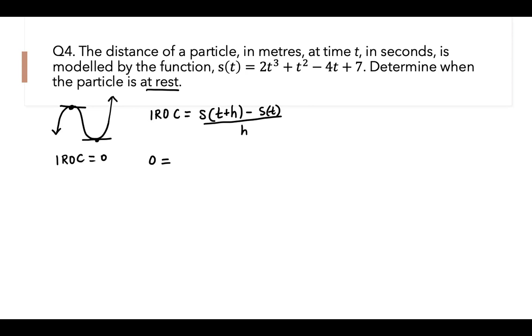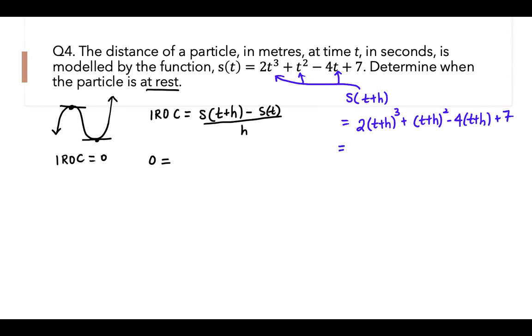So I will be doing the side work. S of T plus H. We're going to plug all of this into my T variable. So it's going to be 2 times (T plus H) cubed plus (T plus H) squared minus 4 times (T plus H) plus 7.